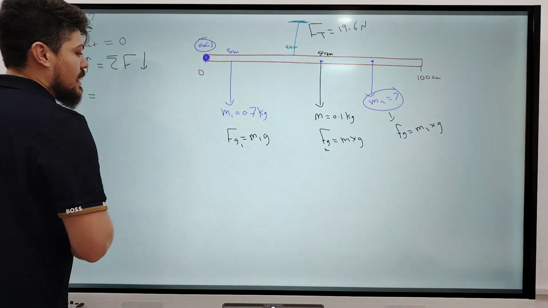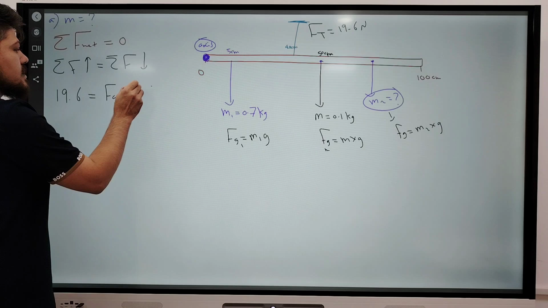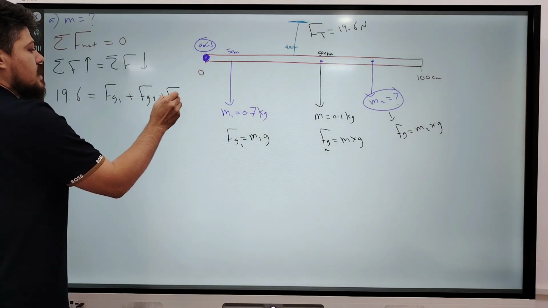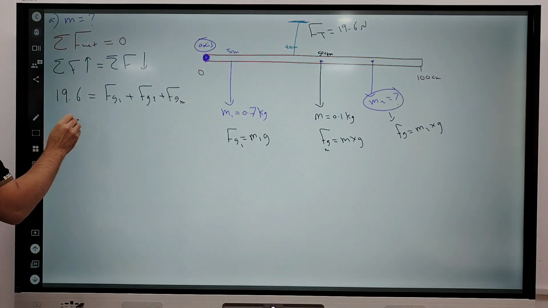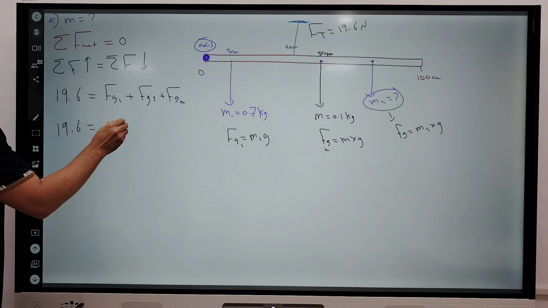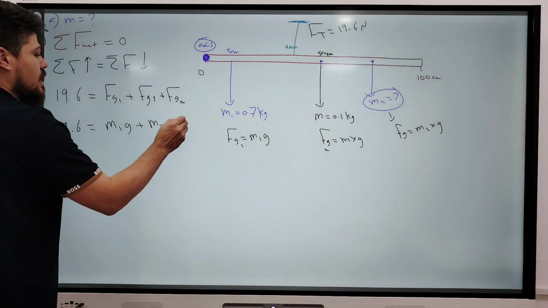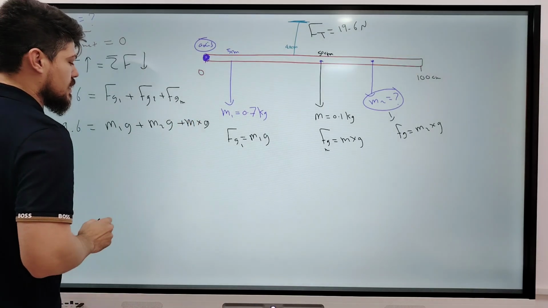So we write 19.6 equals Fg1 plus Fg2 plus Fg of the meter stick, which is m1g plus m2g plus the mass of the meter stick times gravity.